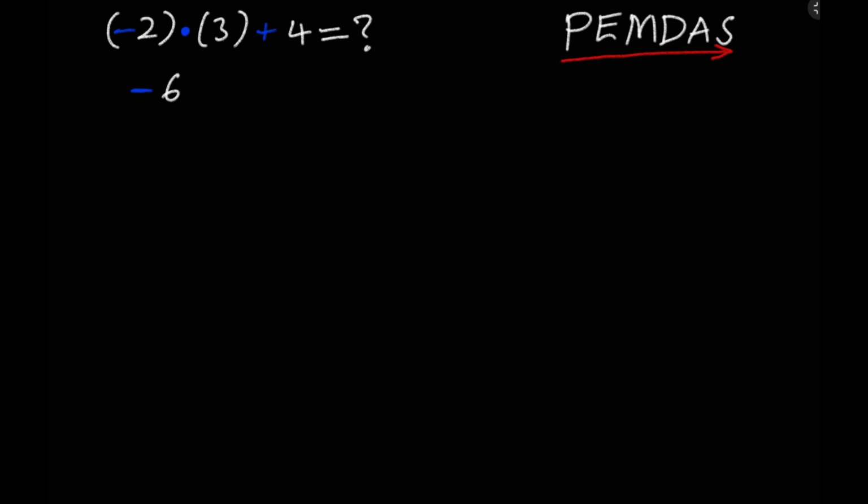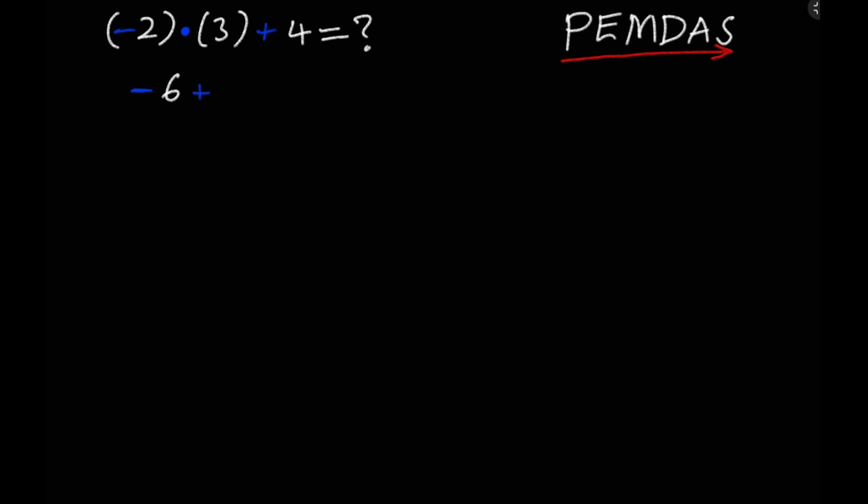By the way, if you don't know sign conventions, like how to multiply signs, or how to add signed numbers, that is integers, when you have a plus and a minus, like a negative number plus a positive number, how to do those operations, I have already made a video about that. I will leave the links below, so feel free to watch the video whenever you have time. Let's continue.